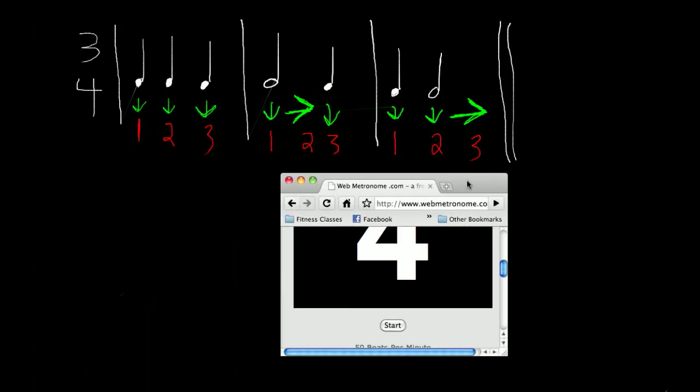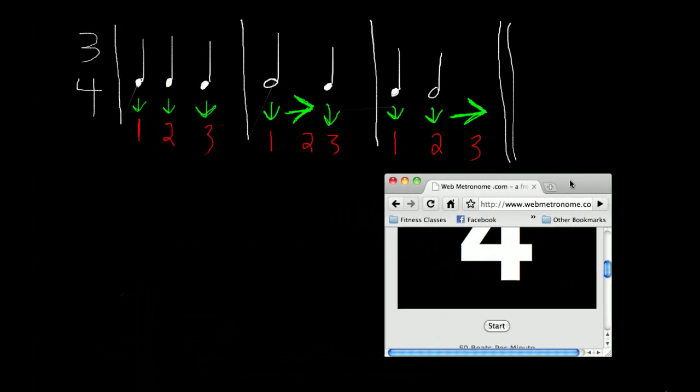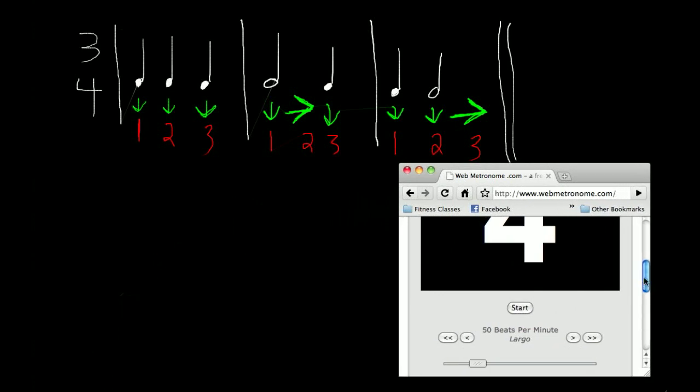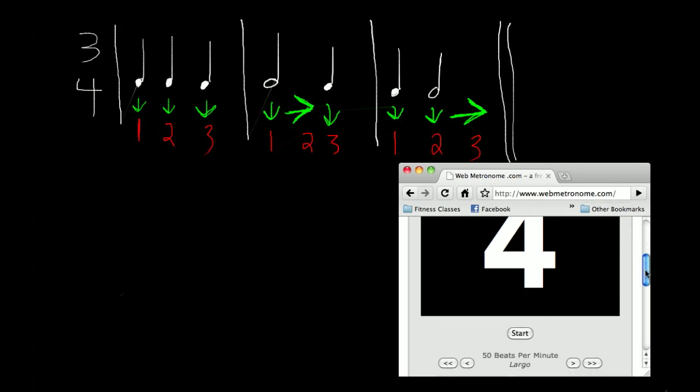So now I'll put on our metronome. This is that same metronome that I told you about in the last couple of videos. One of the nice things, again, this is www.webmetronome.com. I strongly recommend you go to webmetronome.com and try this out for yourself.